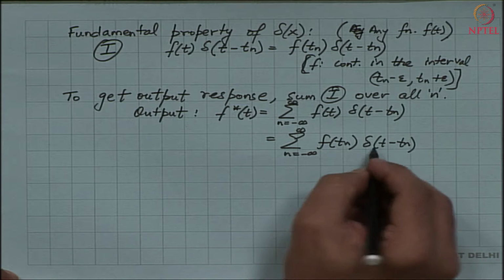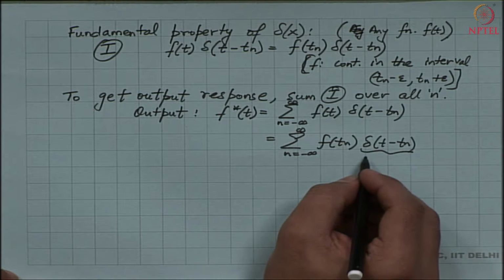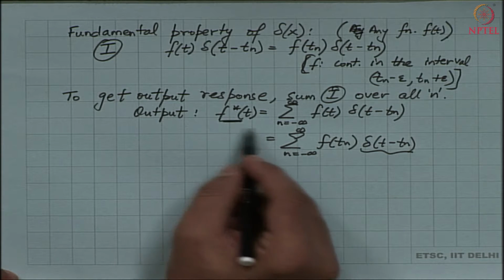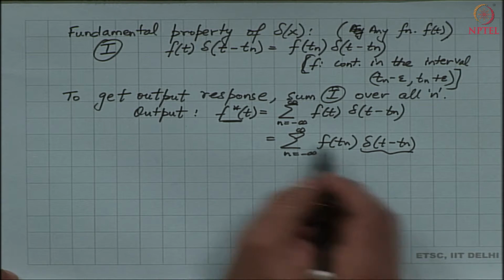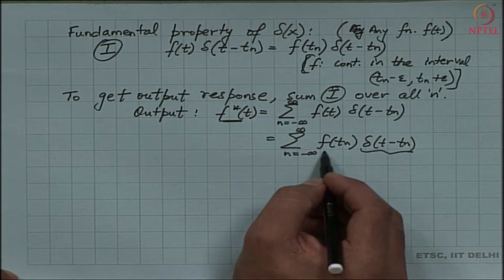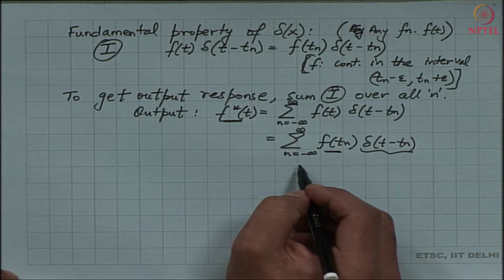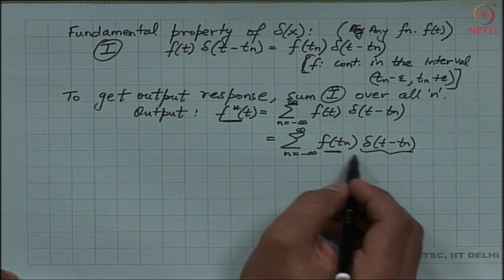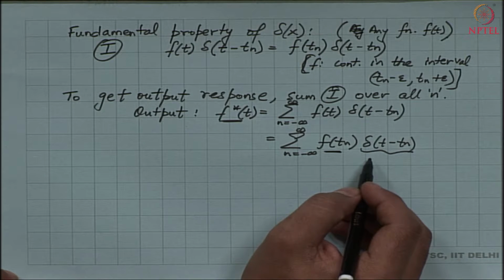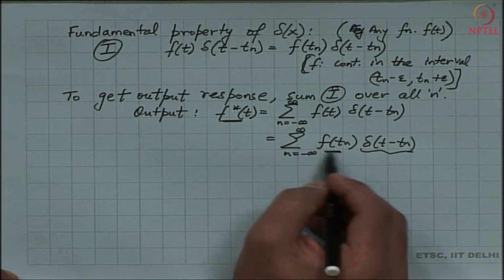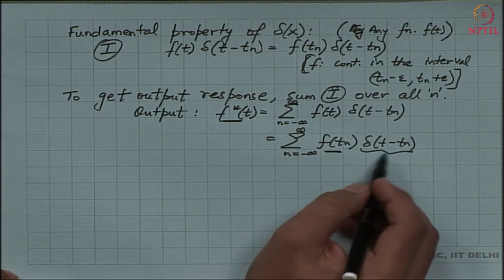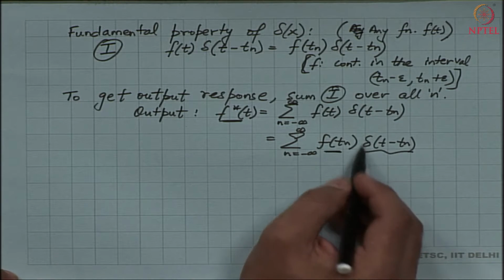From now on we see that the output can be written as the sum of the input function values f n summed discretely over specific time points t n. So, if my input signals were unity, then my discrete signals were completely represented by this delta function.